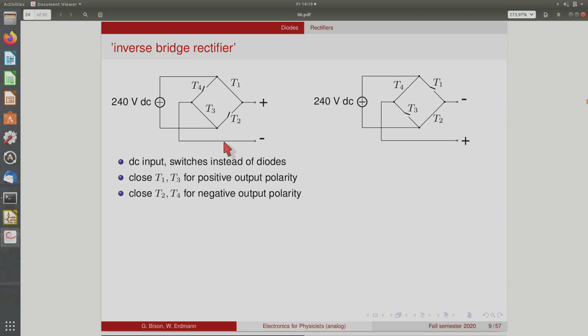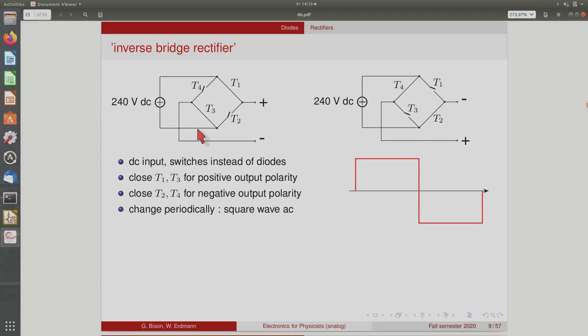And if you then switch the other 2 switches and close these, then you have now the positive side goes here and the negative goes here. So you switch from positive polarity to negative. And if you do this periodically, then you get this square wave output, which almost already looks like an AC voltage, but not quite.